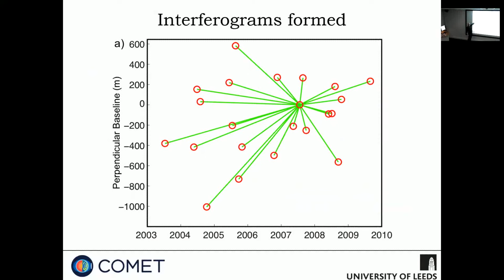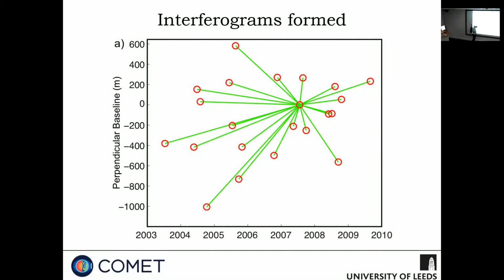So then, did you see a plot like this this morning already? A baseline plot. On one axis is time, and on the other axis is perpendicular baseline. Did you hear about perpendicular baselines? It's basically the difference in the satellite positions.